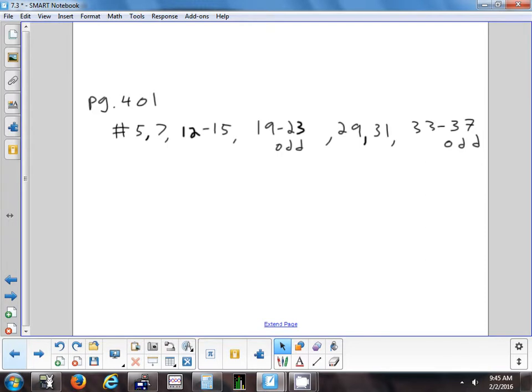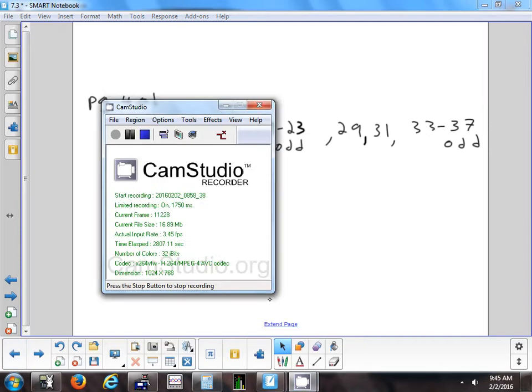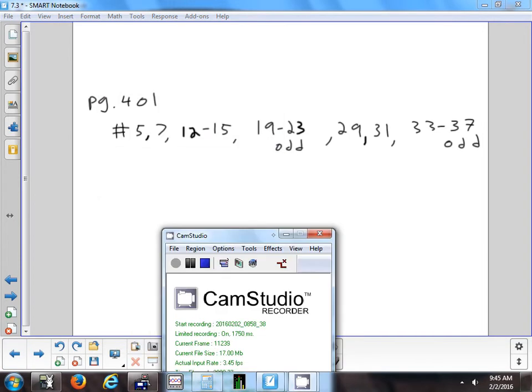It's 5, 7, 12 through 15, 19 to 23, just the odds, 29, 31, and 33 to 37, just the odds. Okay, we'll take a look at that first thing tomorrow. Okay, tomorrow we'll also finish up everything we're doing for the week, and then Thursday is going to be a review day for the test on Friday.